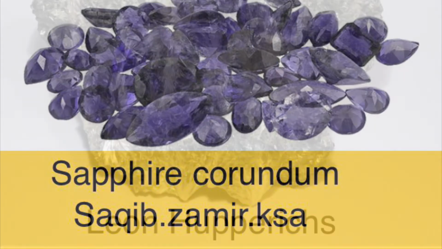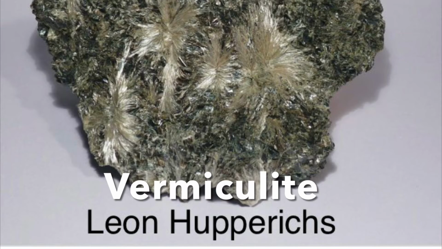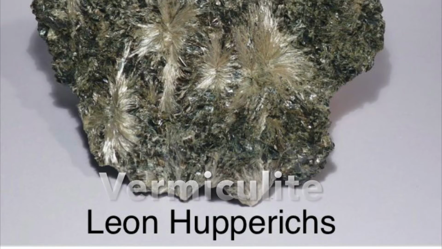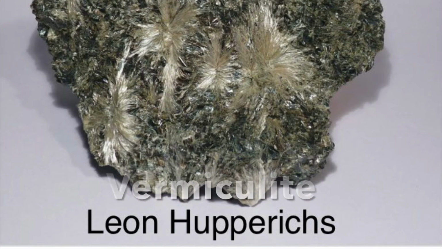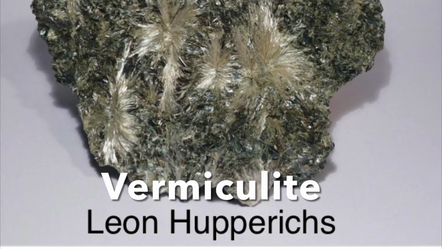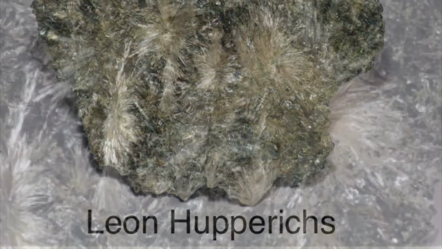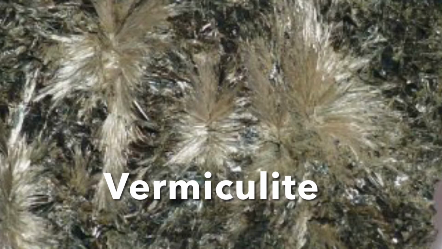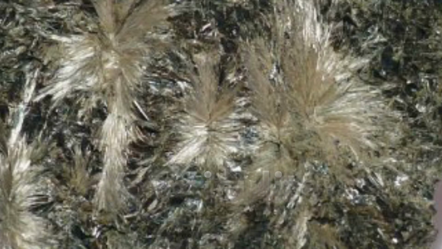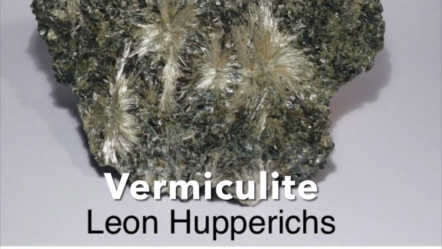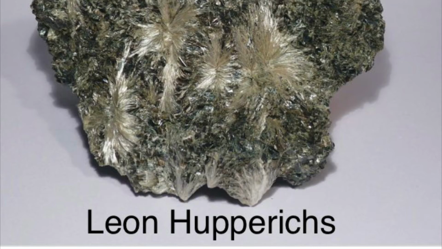Now, if the host rock that's nearby these ultramafic rocks contains a lot of muscovite and biotite, magnesium from the ultramafic rock can replace the potassium and sodium in the muscovite and biotite to form a weird mineral called vermiculite.